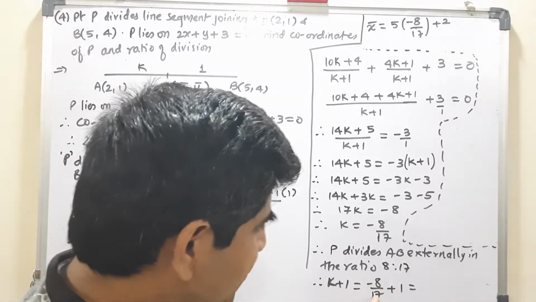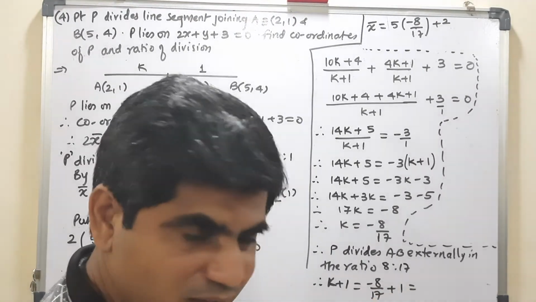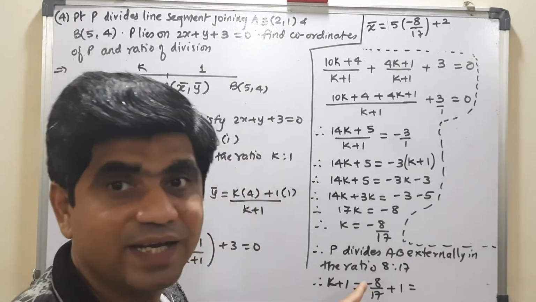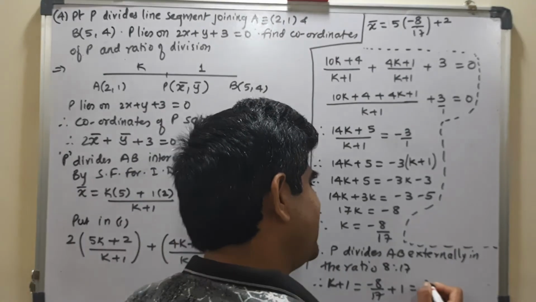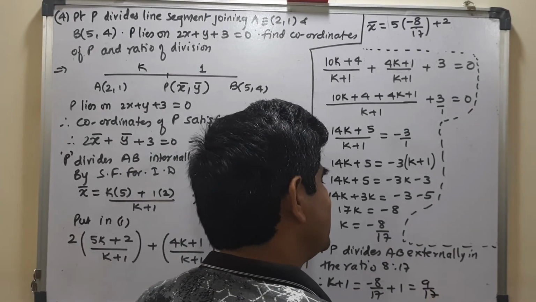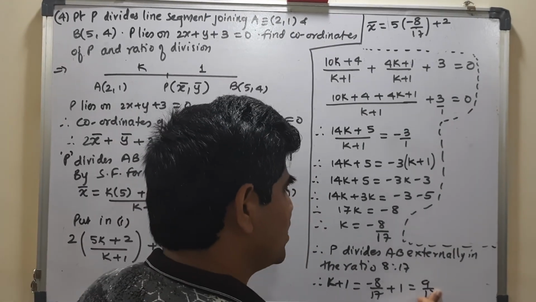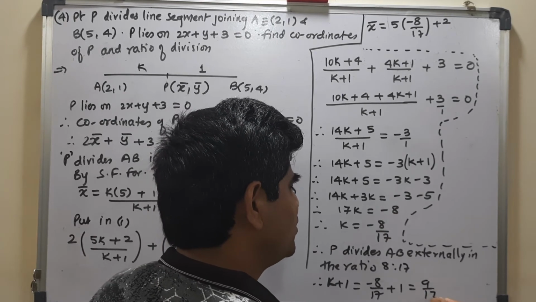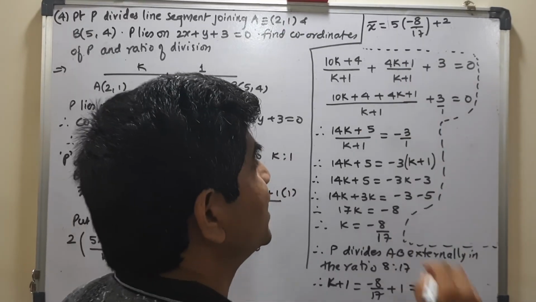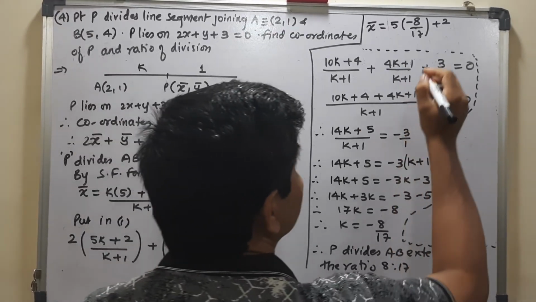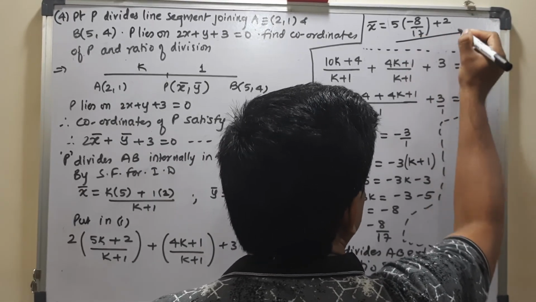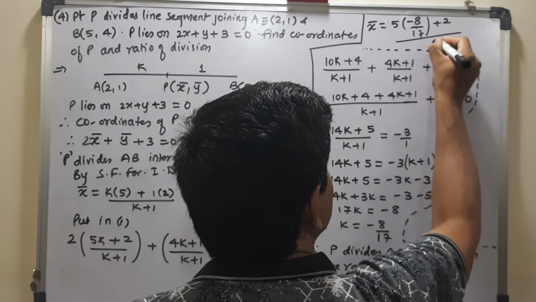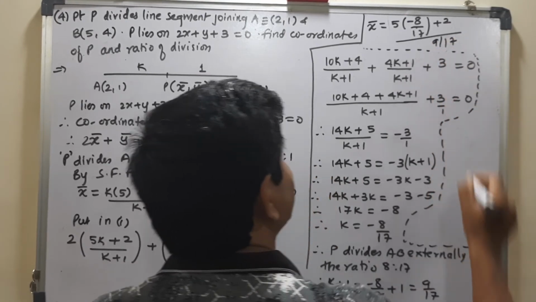So cross multiplication of 17 and 1, that will be 17 minus 8. 17 minus 8 is equal to 9 by 17. Okay, so this is your k plus 1 value, which will come over there. It is divided by 9 by 17.